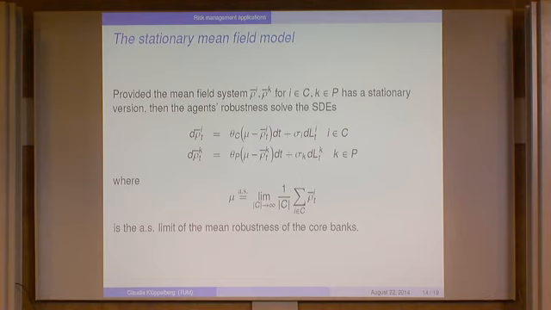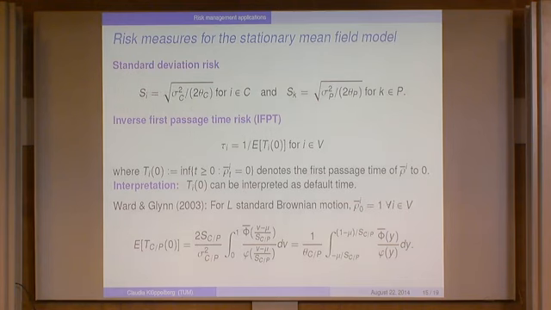The bar should be away, I'm sorry. That should be the rho ti. So when we are in this simple Ornstein-Uhlenbeck framework, lots of things are known which we can use. For instance, we can formulate risk measures.